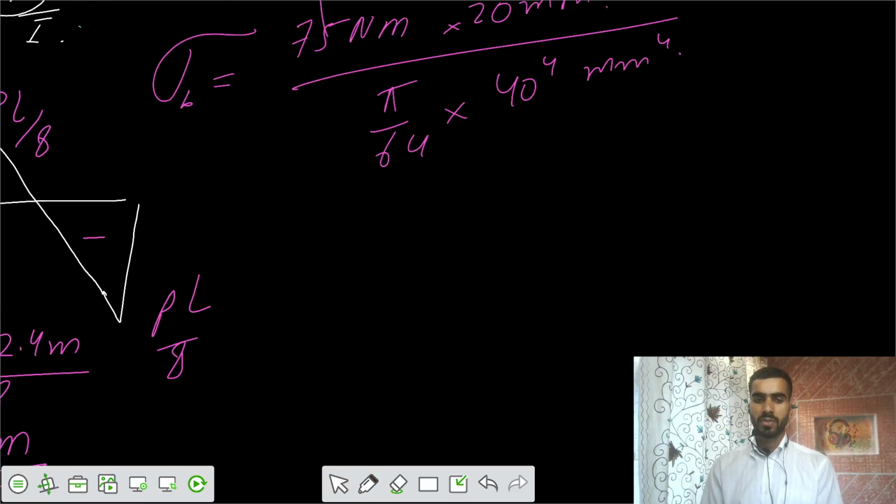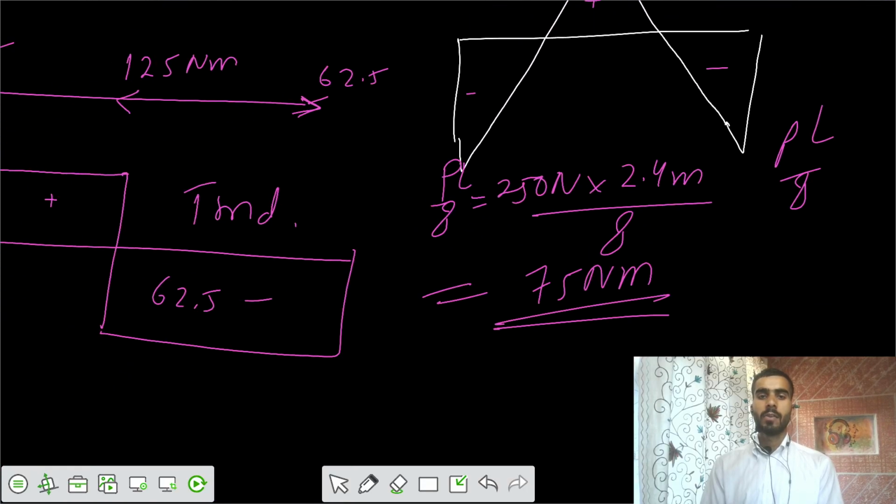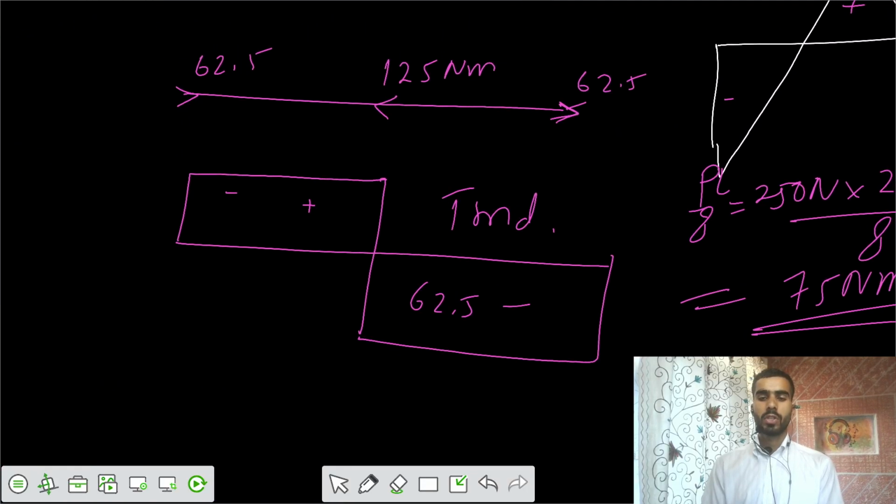You got the bending stress value equals 11.942 megapascal.